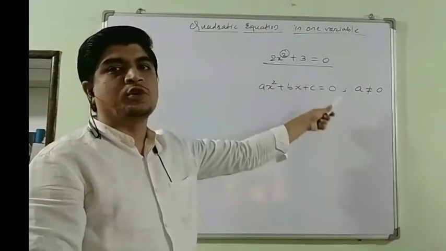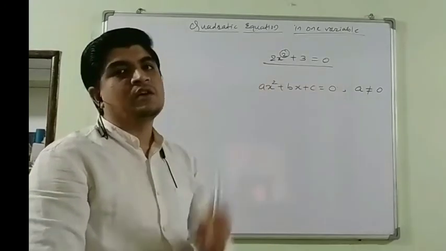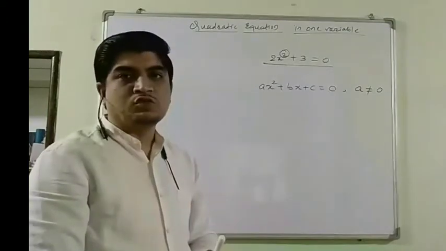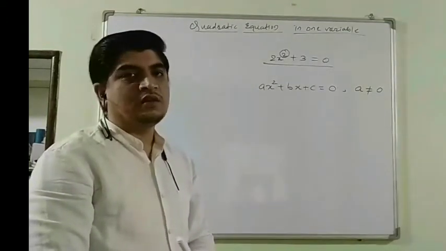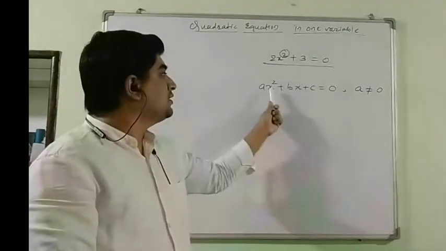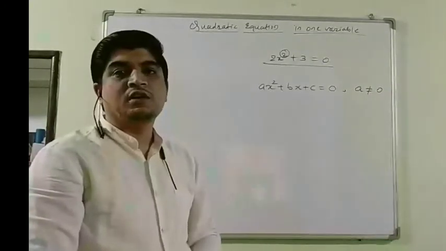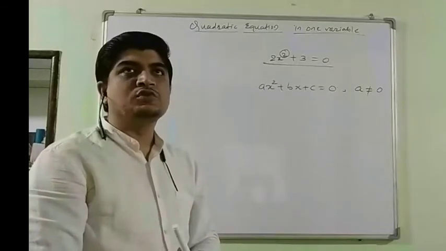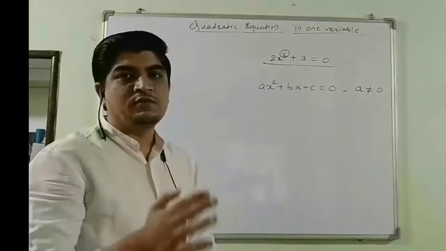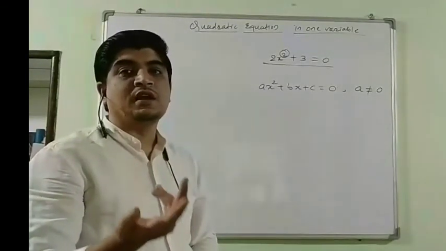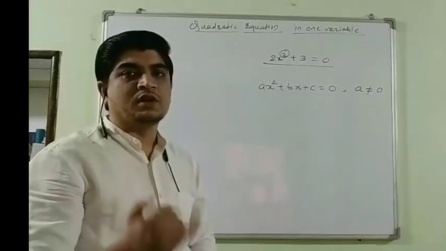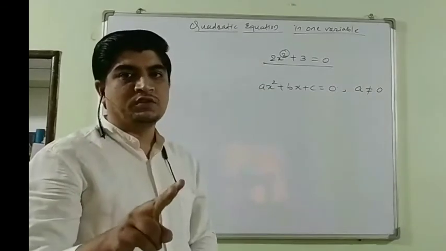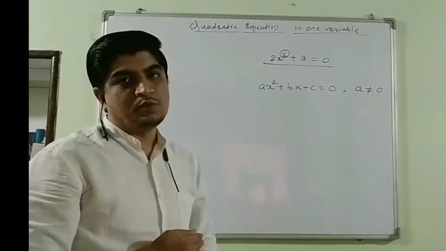So that's why the name zero comes here. Again I repeat, since the degree is 2, the quadratic equation has at most two zeros. At most two zeros means one zero is also possible if the zeros are real and equal, and if real and unequal, there are two distinct roots, so maximum two zeros are possible.